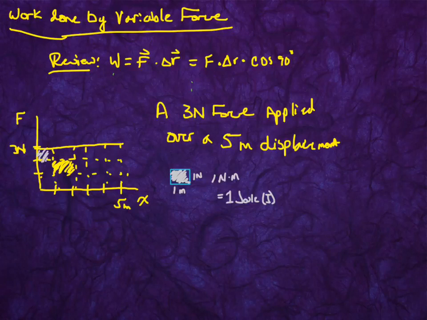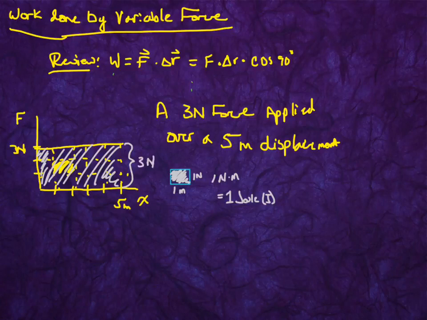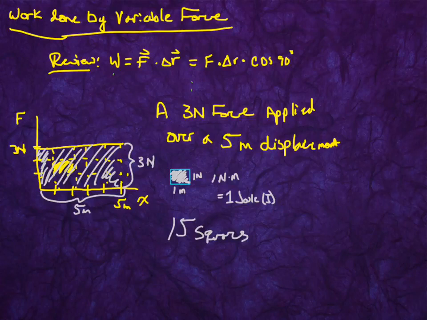So this whole value right here is going to be our 3 newtons times our 5 meters, which will give us a total number of 15 squares, right? And each square equals 1 joule, and so we get 15 joules.